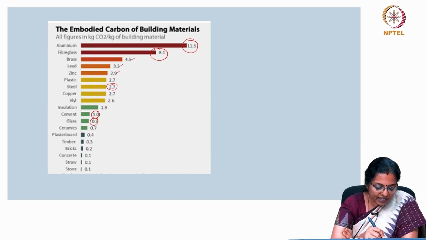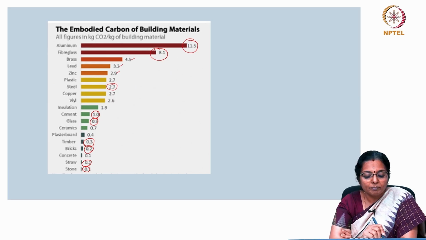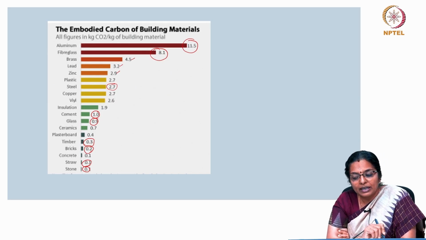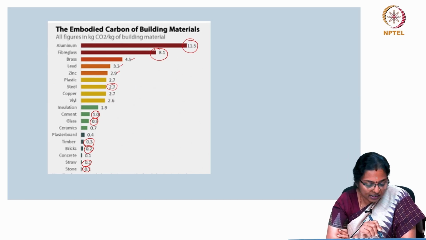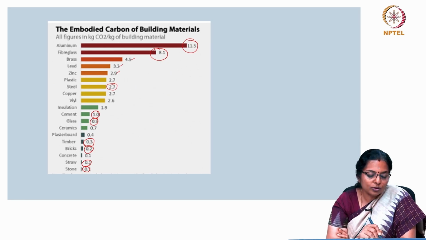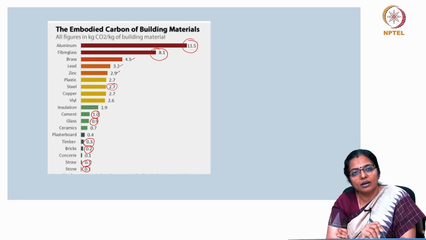The embodied energy of stone, straw, bricks is quite less, of timber is also quite less, but you cannot look at the embodied carbon of building materials only in isolation. You also need to look at the environmental repercussions of using these materials.